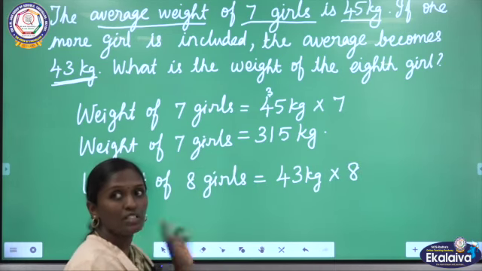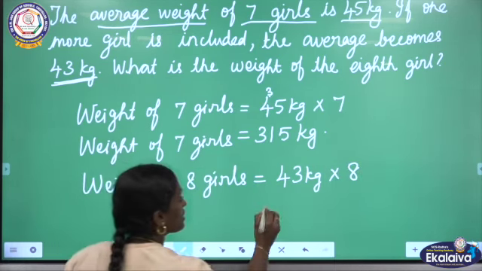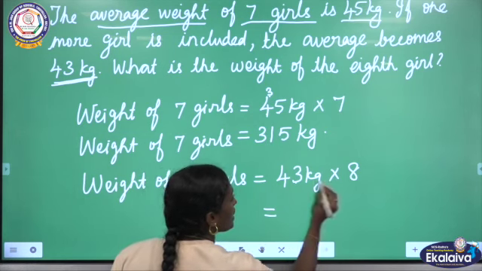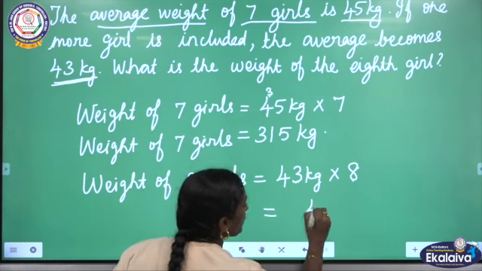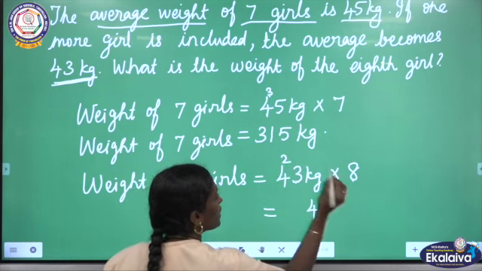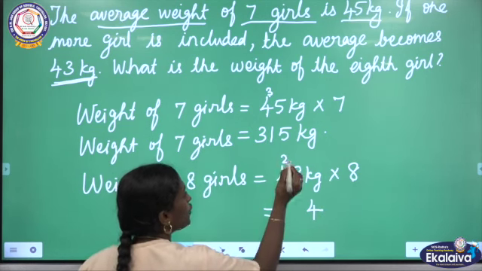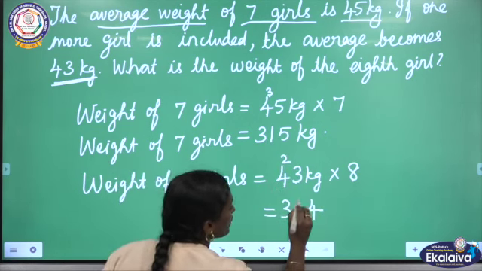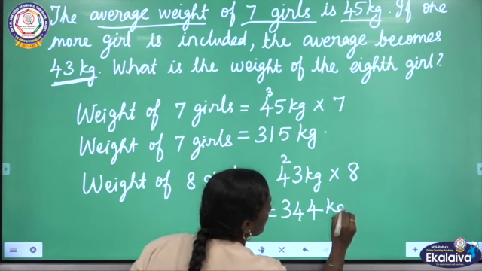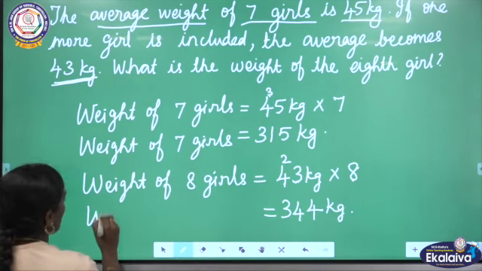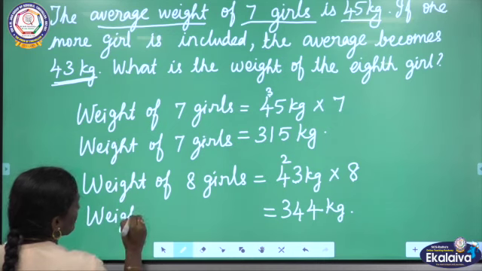Then we will get the total weight of 8 girls. Here first we have to multiply. Here 8 3s are 24, 4 here 2 carry over, 8 4s are 32, 32 plus 2, 34. Here weight of 8 girls.